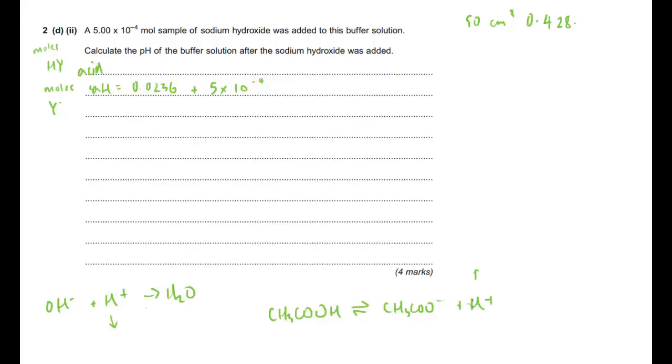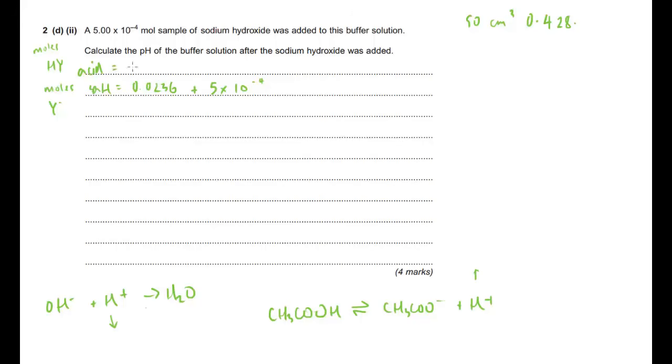In order to replace this 5 times 10 to the minus 4, which has disappeared in this other reaction, this needs to dissociate, but that means 5 times 10 to the minus 4 of this must dissociate, meaning this goes down by 5 times 10 to the minus 4, but this goes up, to leave us with an equal number of H+ in an ideal world. Therefore, our pH should remain fairly constant. But of course, it increases the moles of this, and that's the important thing. So that's why this has gone up by 5 times 10 to the minus 4.